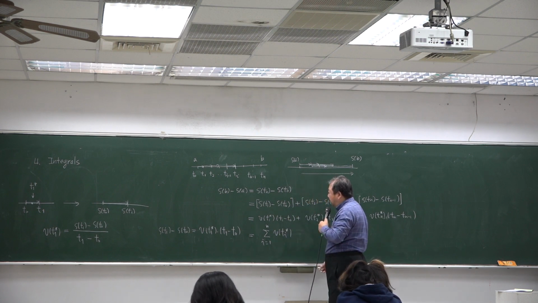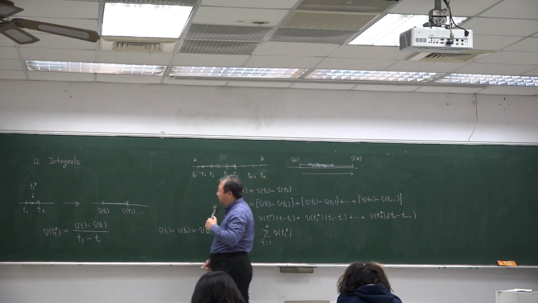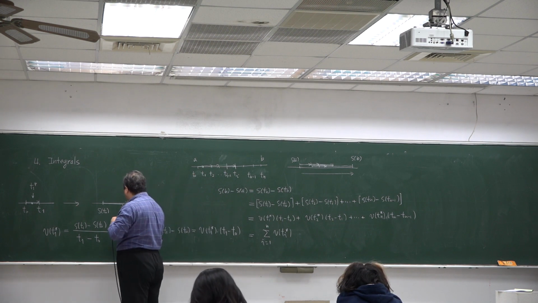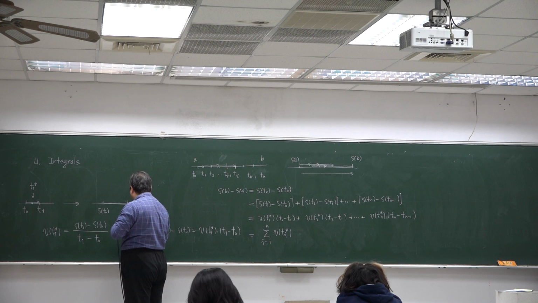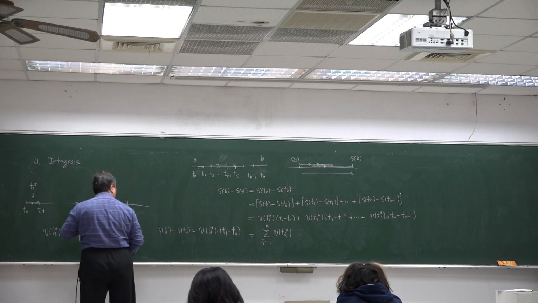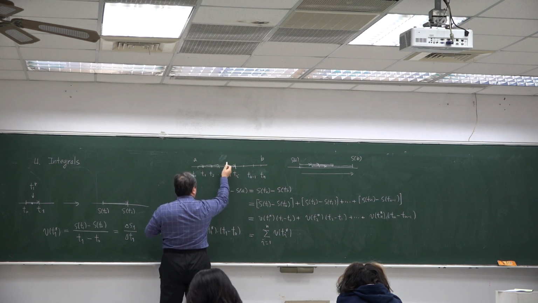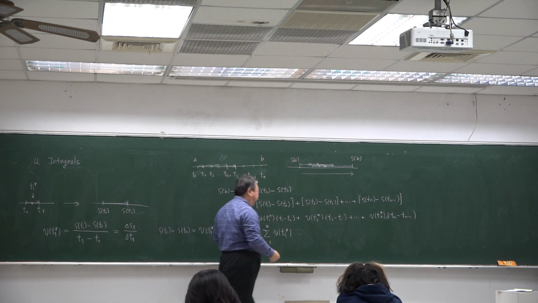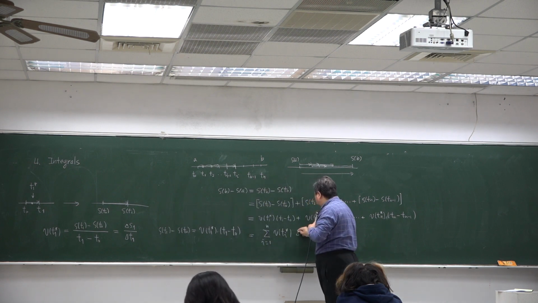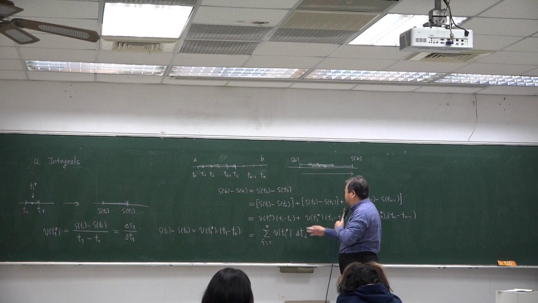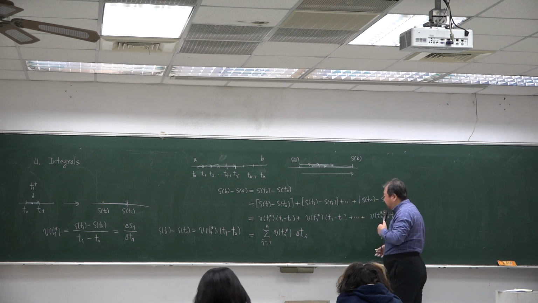Just like before, we like to call this delta S1, delta t1, or if we use equal size, then delta t. Okay, delta ti. This is delta t1, delta t2, delta tn.